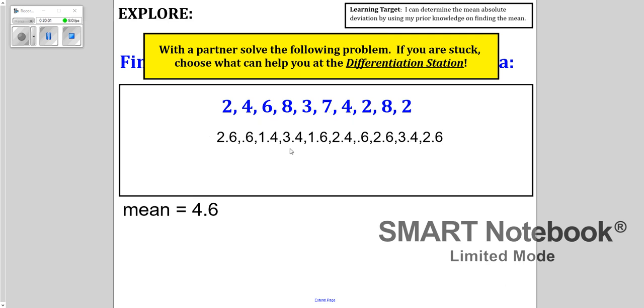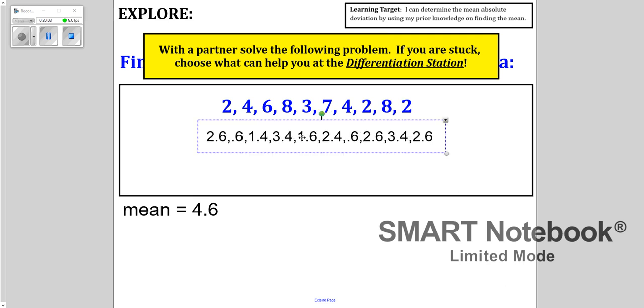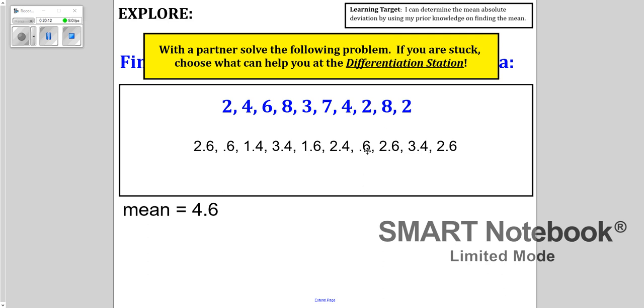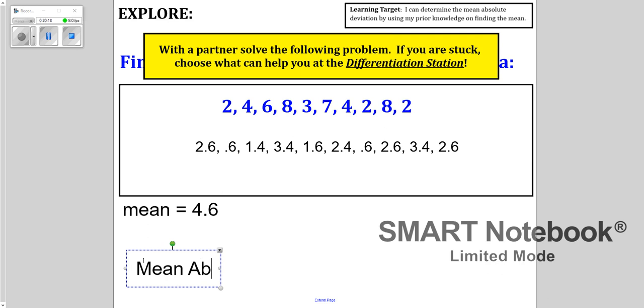So now I take these numbers. I'm going to space them out more. It looks terrible. Now I'm going to take these new ones that I just wrote down, and find the mean of those, and that will be the mean absolute deviation.